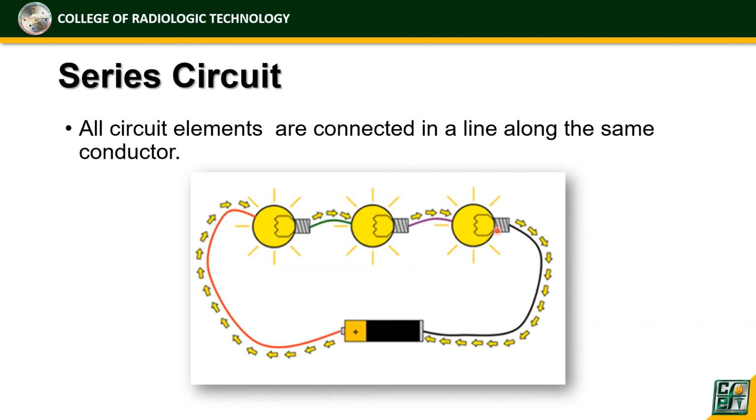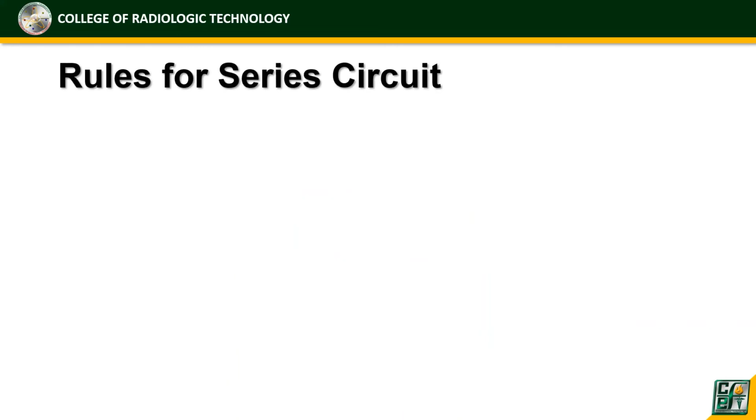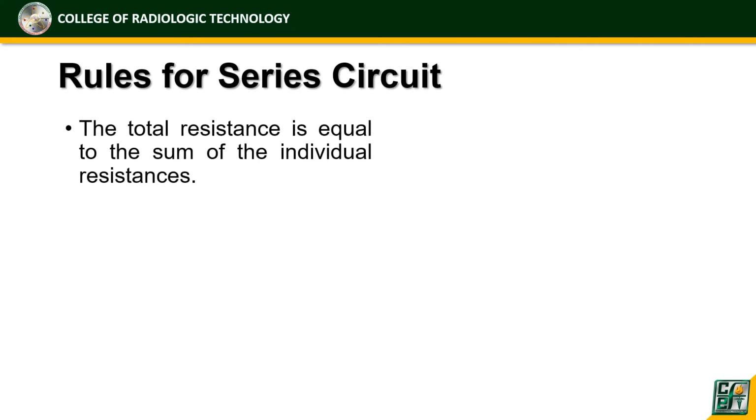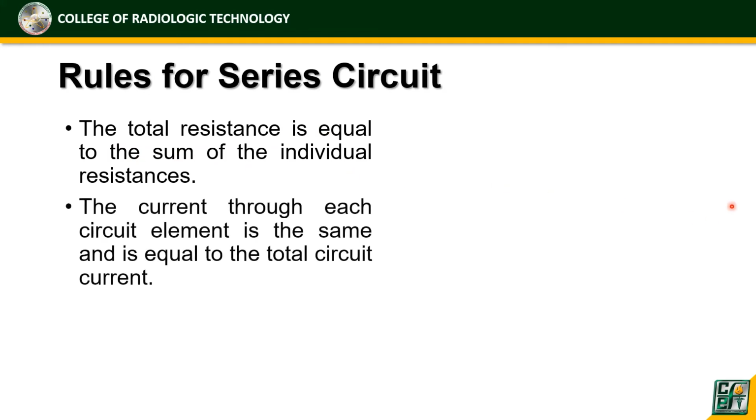Series circuit. When we apply Ohm's law to the series circuit, here are the rules. The total resistance is equal to the sum of the individual resistances. So i-add mo lang lahat ng resistance na meron or present sa circuit.